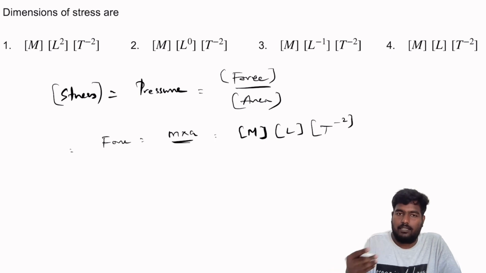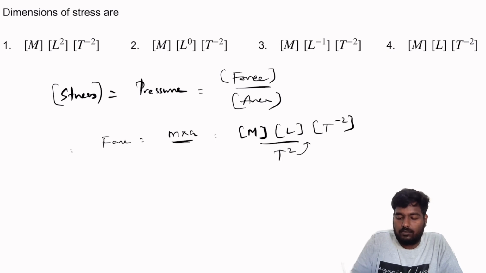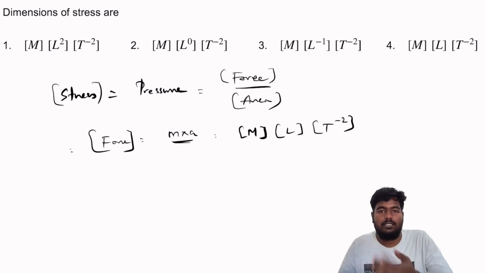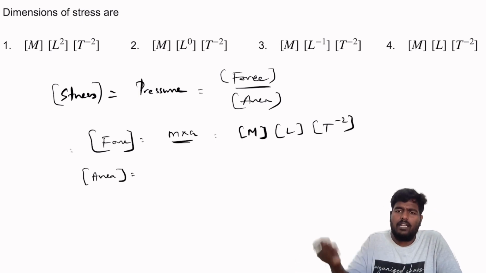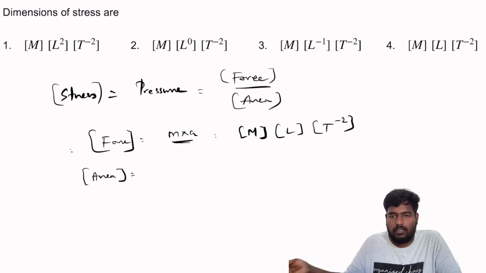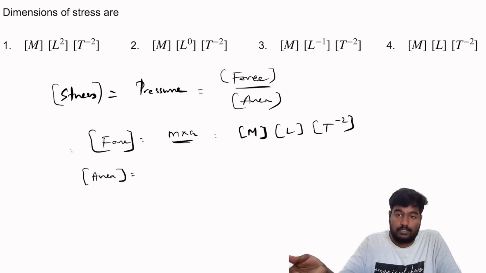So that's the dimension of force, mass into acceleration. And area is length into length, whether length into breadth or, in the case of a circle, radius square.